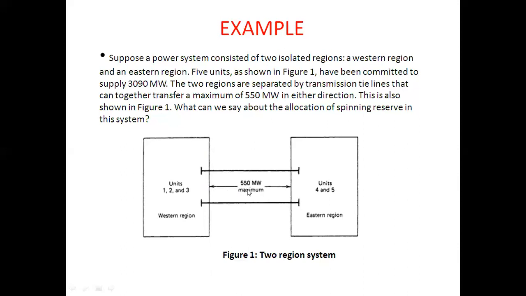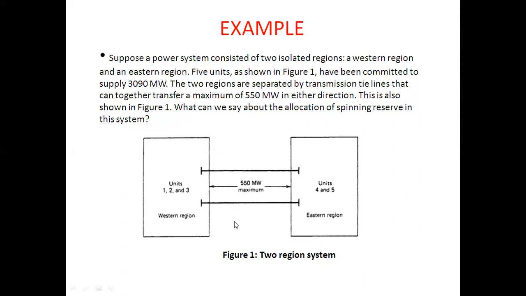They are separated by a transmission tie line that can transfer a maximum of 550 megawatt power in either direction. So how will the allocation of spinning reserve be done in this system?